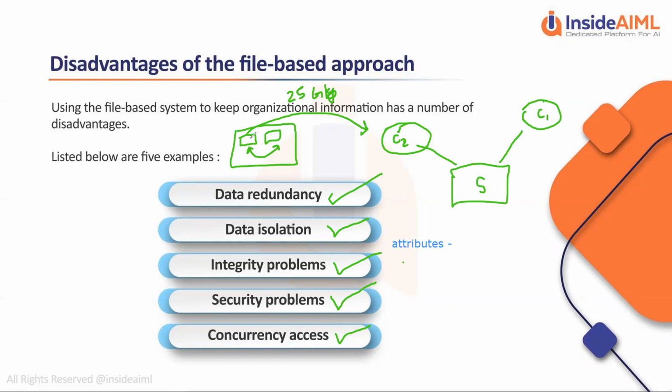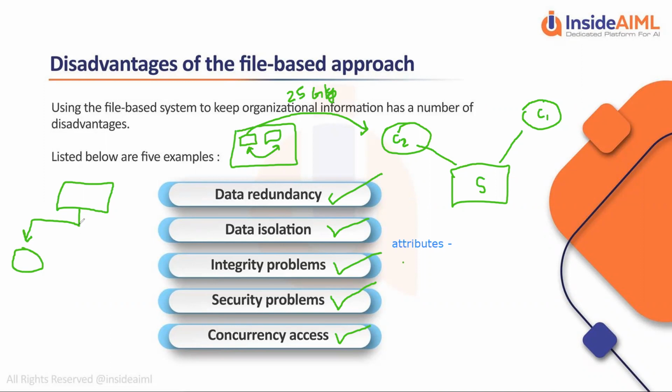Now, if you see this organization's data, there are different use cases of this data. Not everyone should have access to all the information, right? For example, your school data set. Some information a student might have to get access to.